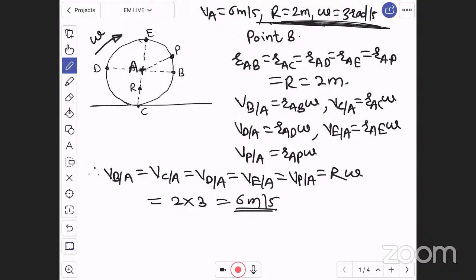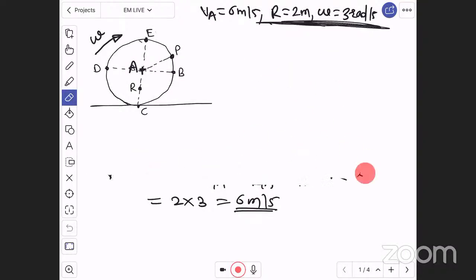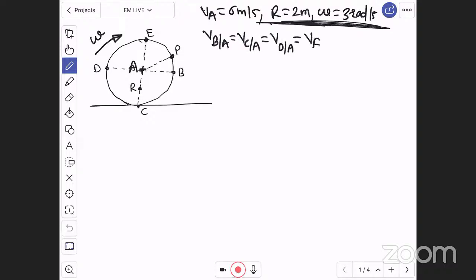So here I am again making one note. These components I am going to write here, and after that we will find for point B. Now put this data here. Velocity of point B with respect to A is equal to velocity of C with respect to A, D with respect to A, E with respect to A, and P with respect to A, which is 6 meter per second.